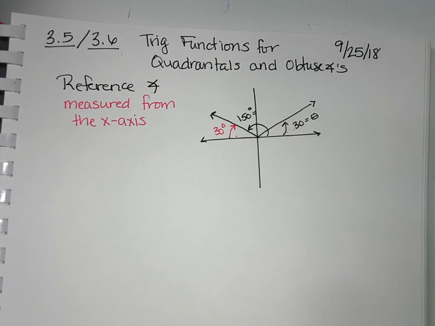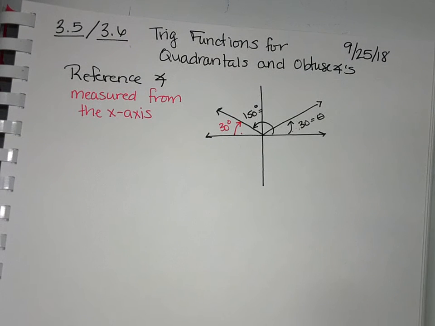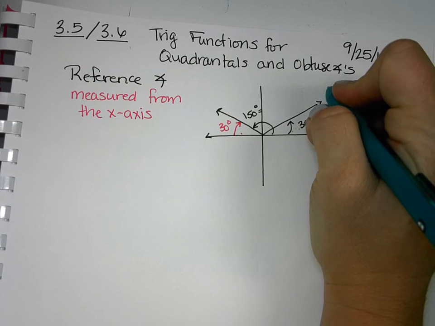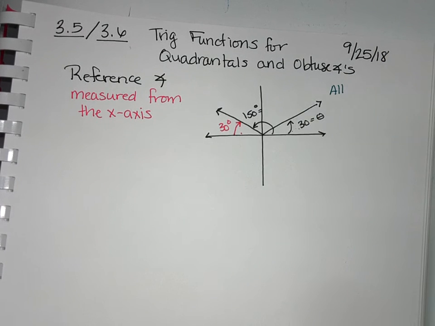And one of the things that's great about reference angles is that we can use a simple pattern to be able to figure out its trig values. I know many of you have already talked about it, but in quadrant 1, all of our trig functions are positive.